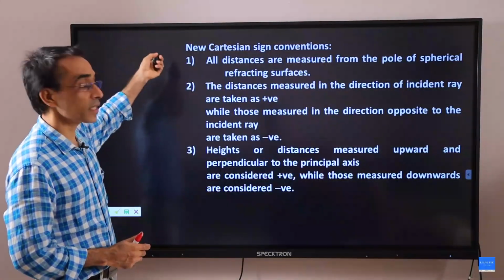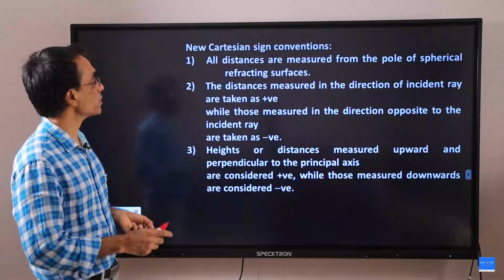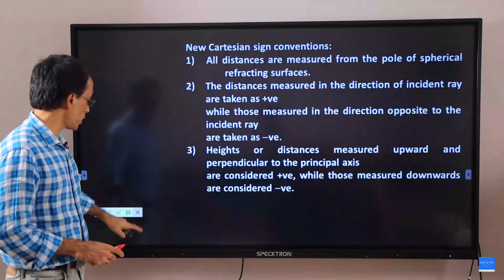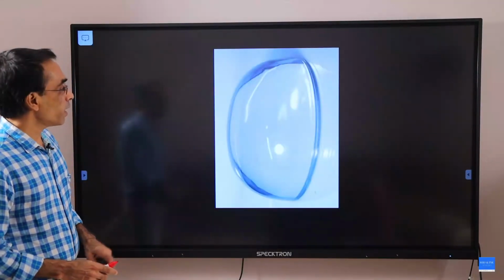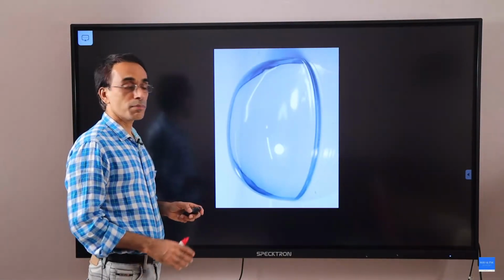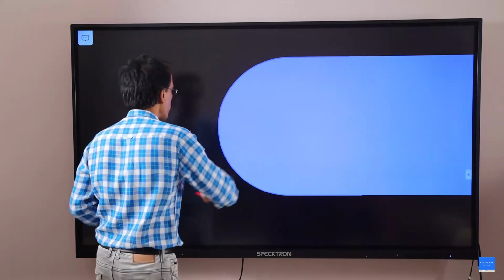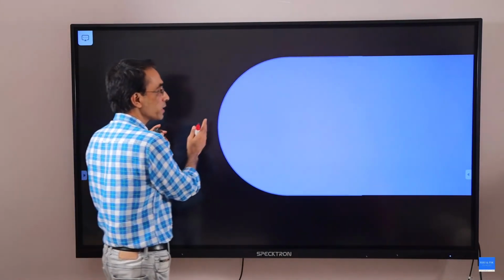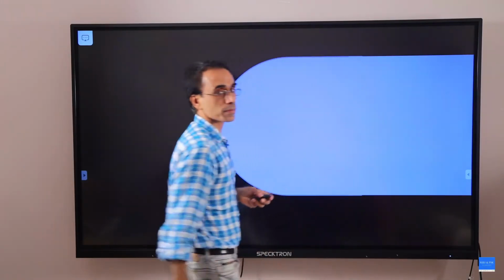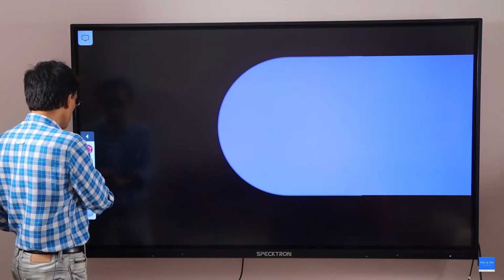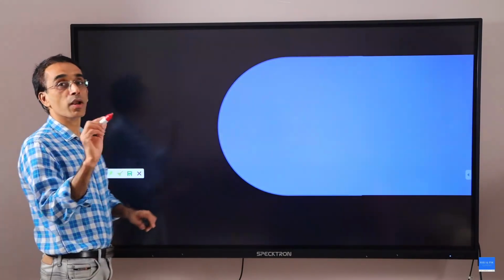Now, according to the Cartesian sign convention for a spherical surface, all distances must be measured from the pole. I will explain this. This is a spherical surface, but in my diagram I will represent it like this. That means there is a spherical surface, there is one medium here and there is another medium which is continuous. Now, from where will you make all measurements?